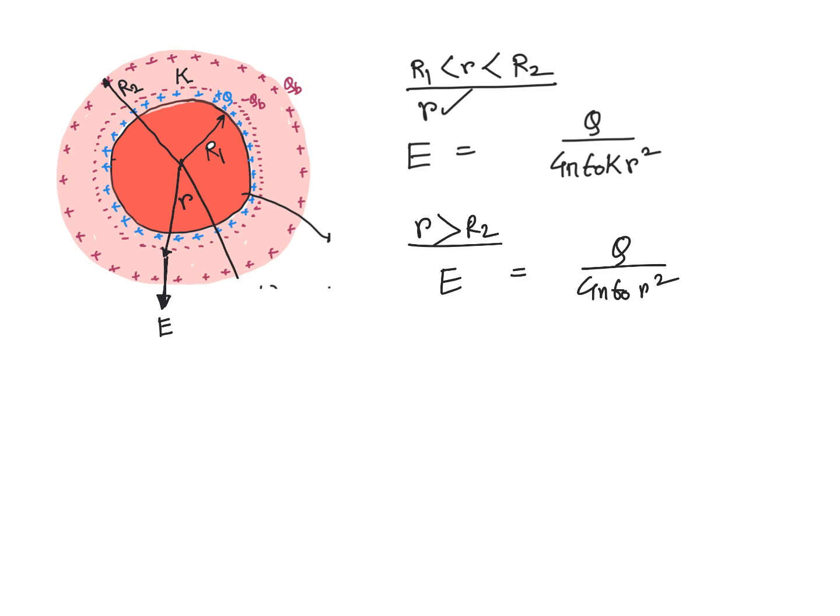From Gauss's law, what is the charge enclosed? Q is the charge enclosed. The total bound charge is 0.